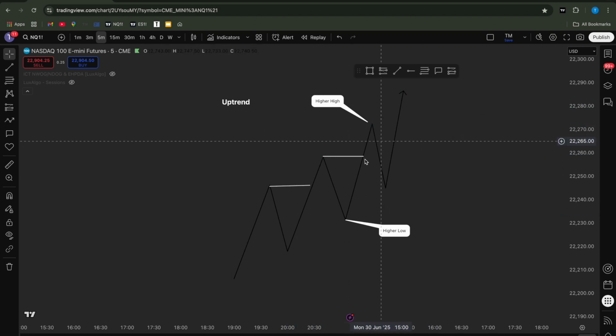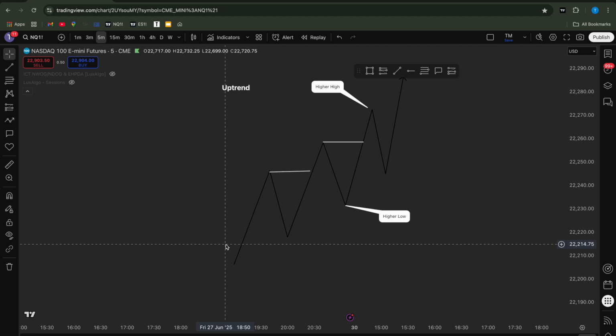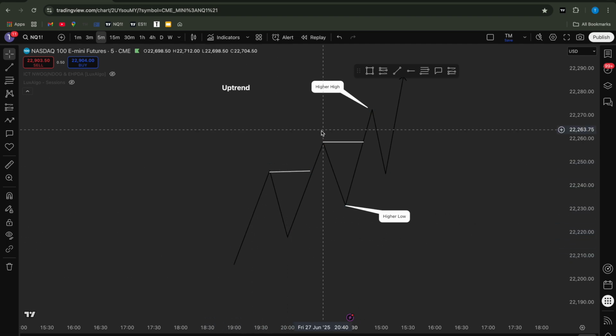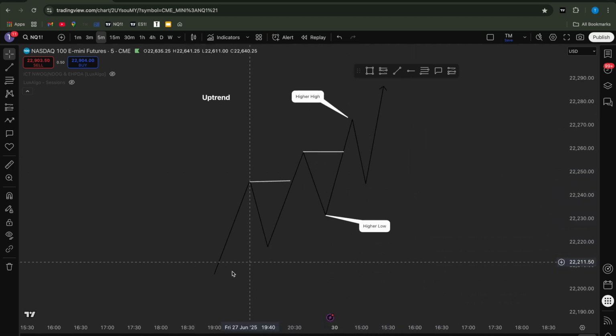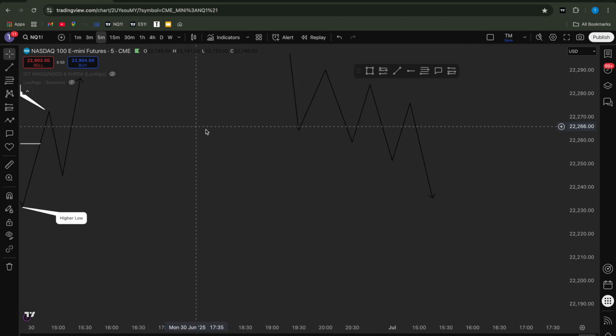I don't want to go too much into just saying higher low, lower high, because it confuses your brain. An uptrend is just where new highs are being formed and the lows are being respected. So price is going quite clearly up.